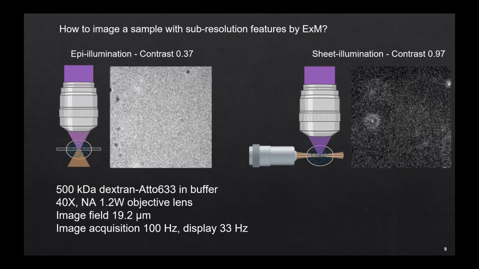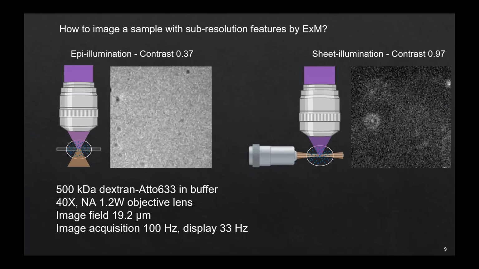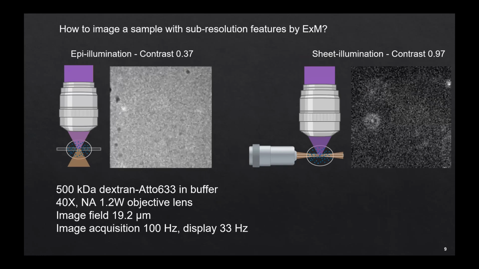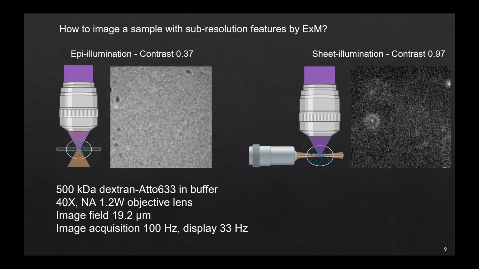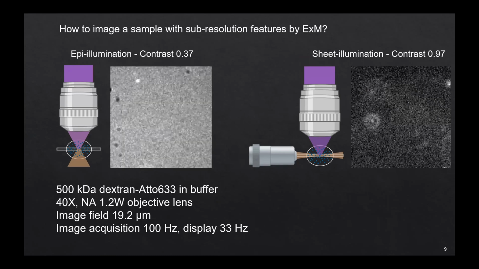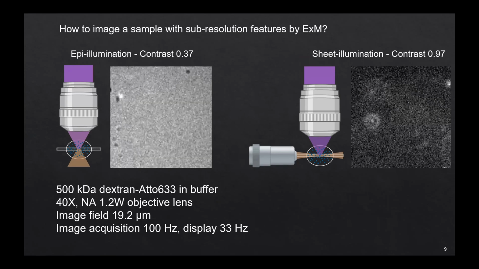Another advantage of light sheet that we can see here: these are epifluorescence examples where we have dextran molecules attached with a fluorophore, Atto 633. With epifluorescence, even if the acquisition is quite fast because we acquire the complete plane, the contrast is not really good.